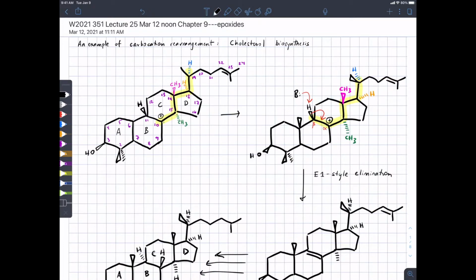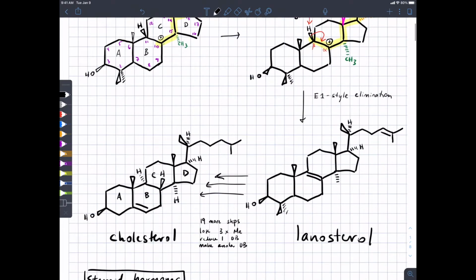Oh, by the way, it looks like I lost a methyl group on carbon 6. So how about that? All right, E1 style elimination gets you the precursor to cholesterol, which is called lanosterol. And already you've got the key features of a lot of cholesterol and steroid hormones. You have the framework of three 6-membered and one 5-membered ring fused together.